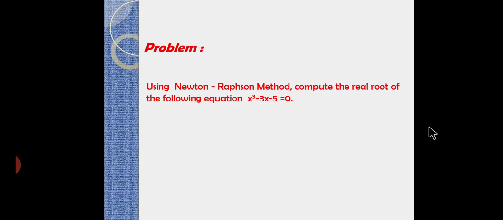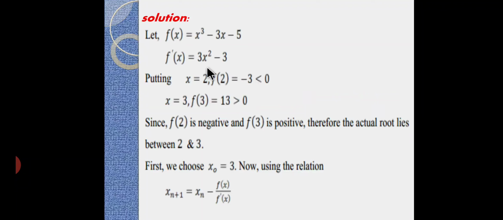So we have the given function x cube minus 3x minus 5 is equal to 0. So let f of x is equal to x cube minus 3x minus 5.